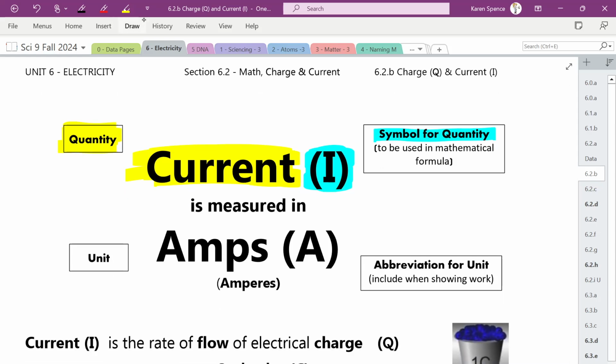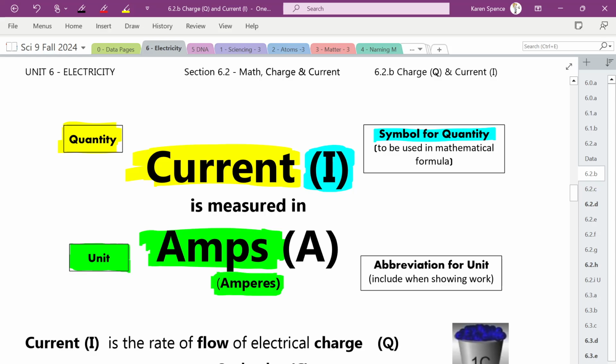The unit: usually you'll just hear it said amps, but the full word is ampere.